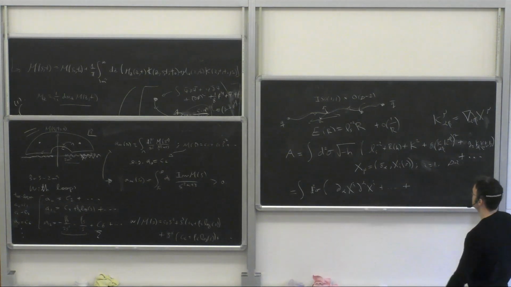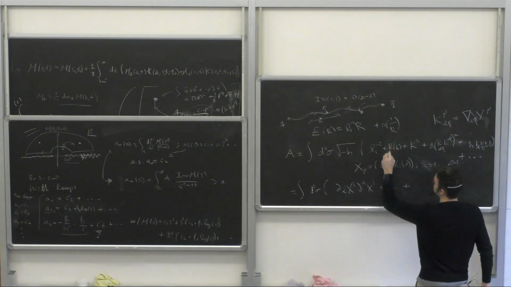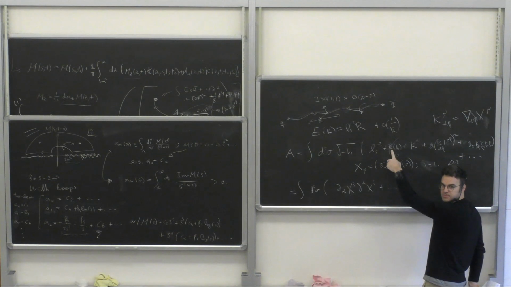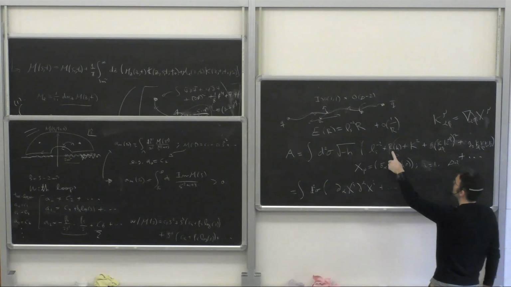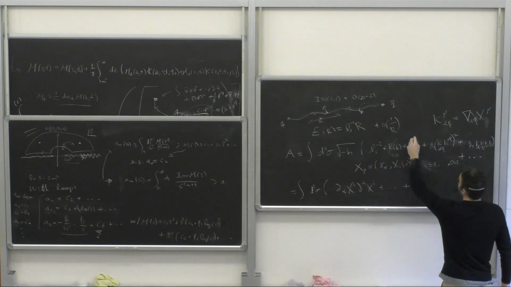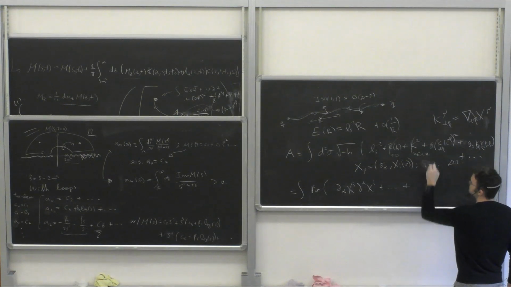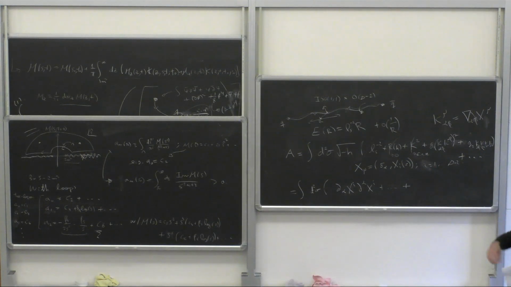Now, this guy is a total derivative in 2 dimensions, the Ricci of H, so it doesn't contribute on shell. And this guy vanishes by equation of motion, because of these equations here.